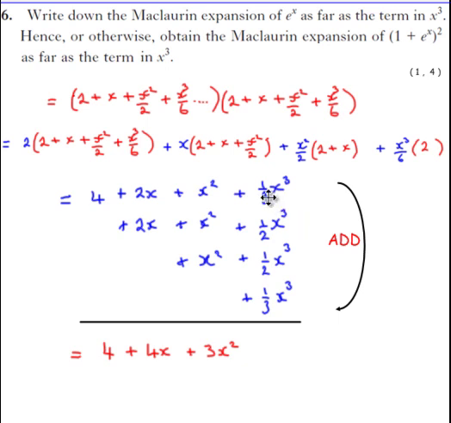And finally, we've got a 1/3 x cubed at the top and the bottom, so that's 2/3 x cubed. We've also got a 1/2 x cubed plus another 1/2 x cubed. These two give us 1 x cubed plus a third, 1 and 1/3, and another third, 1 and 2/3, or 5/3 x cubed. And this is our expansion, our Maclaurin expansion.